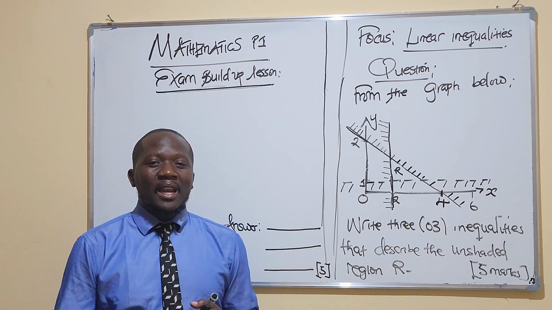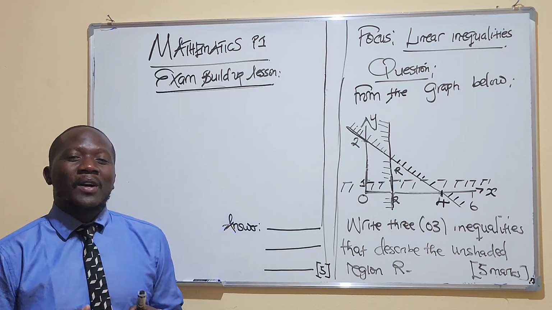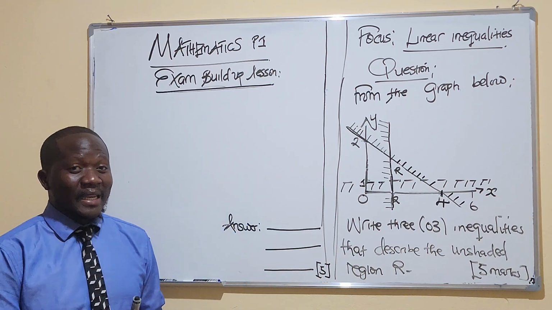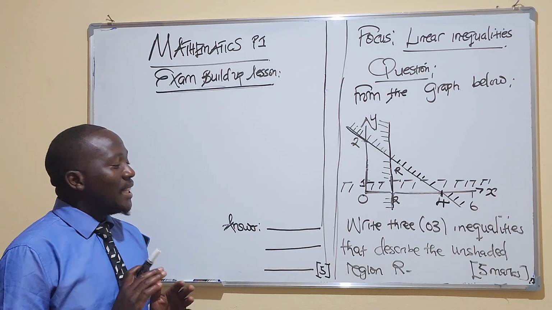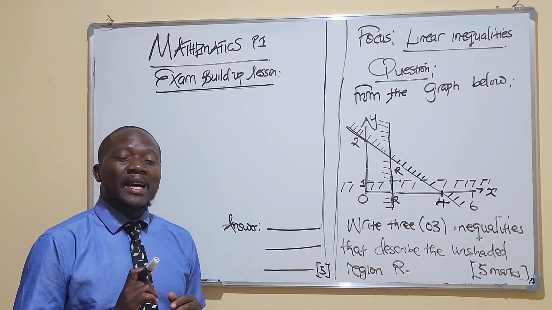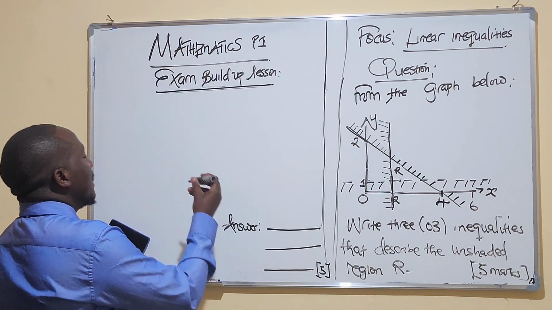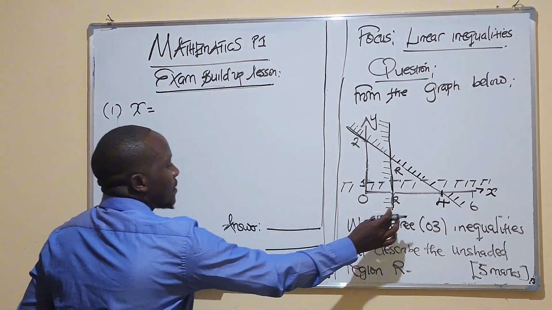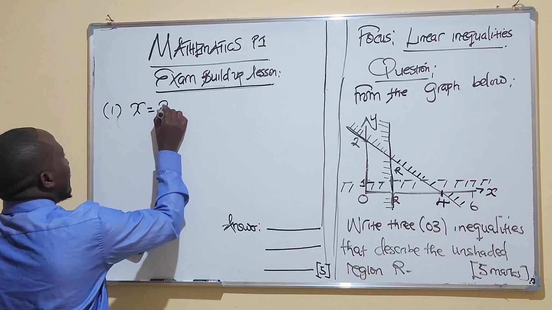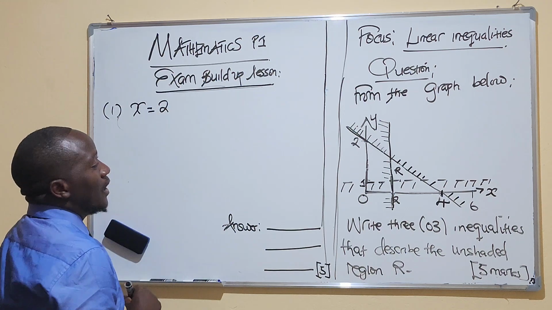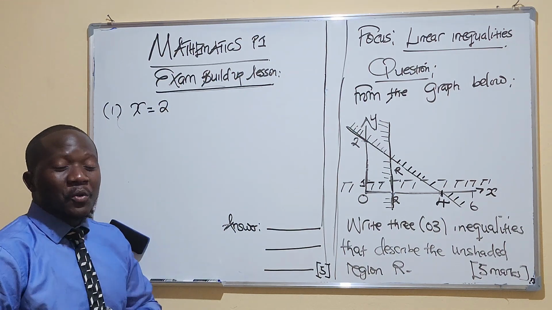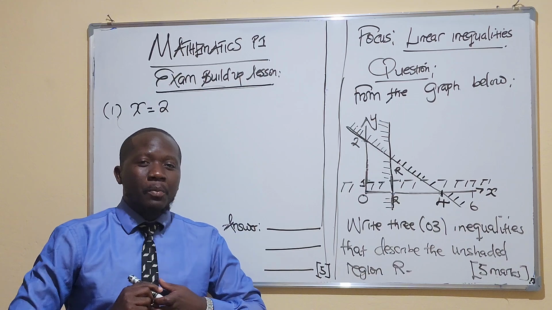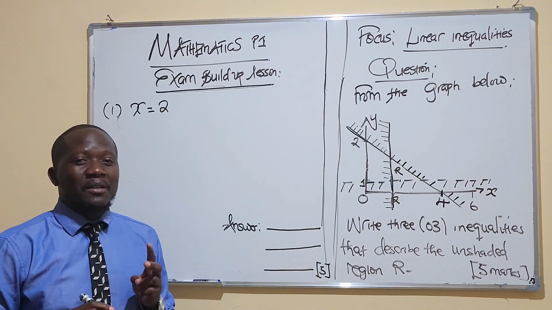If we identify the line, we use the axis as well as the number at which the line is cutting. The first inequality, which is the simplest, is the one that cuts through the x-axis. So here we first say x equals 2, the value at which it is cutting. Under linear programming, there are basically 2 types of lines.